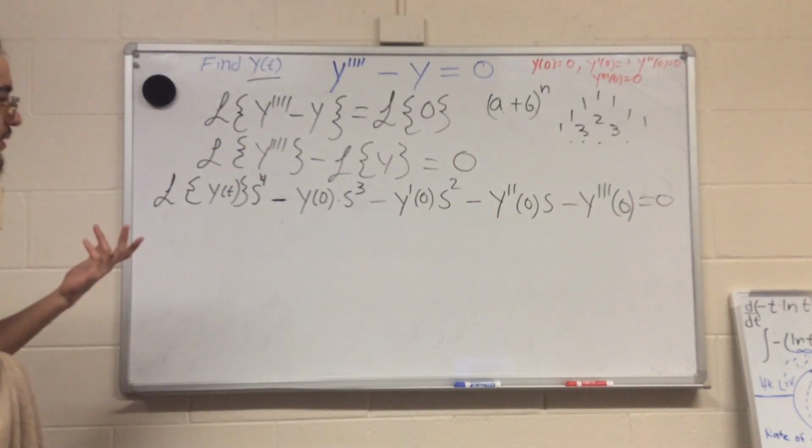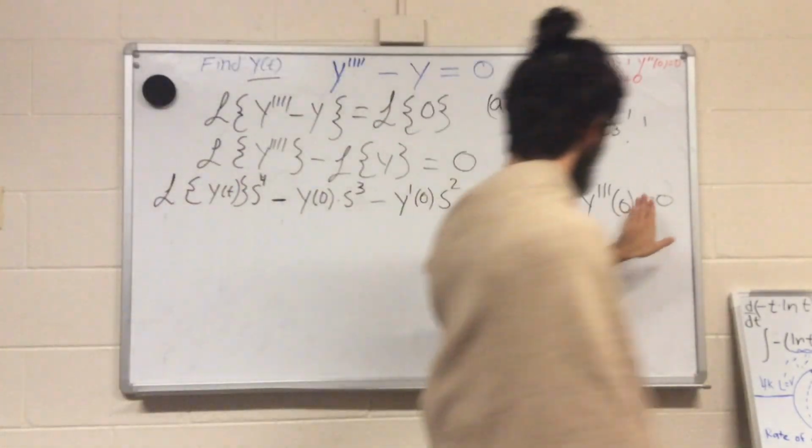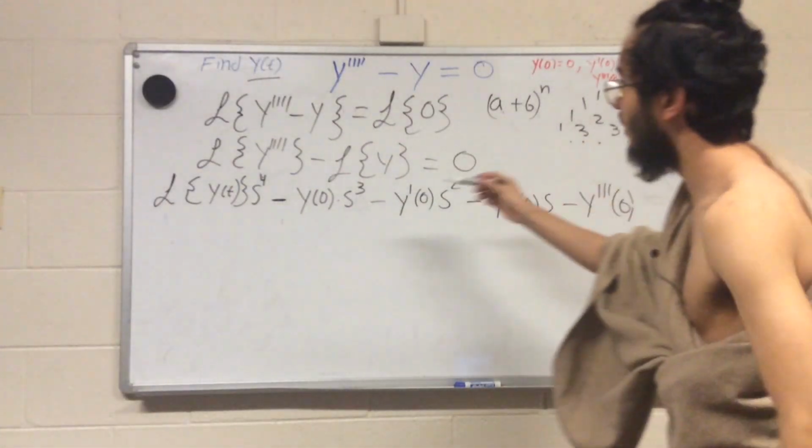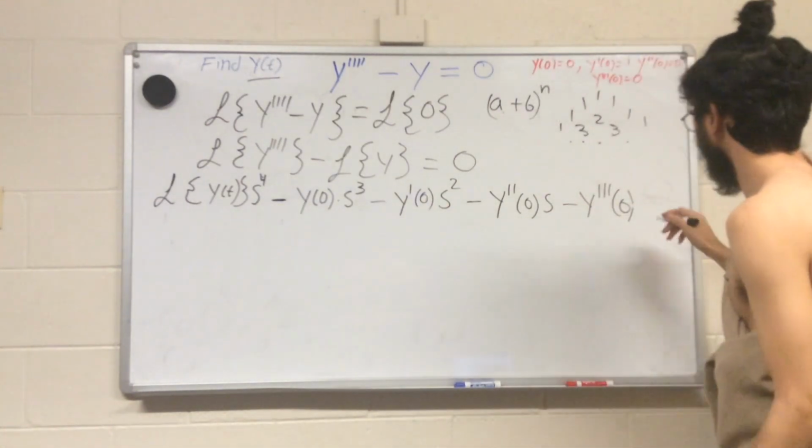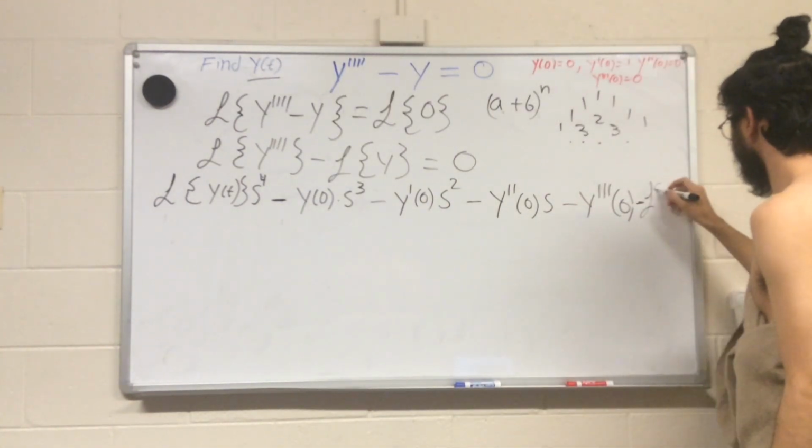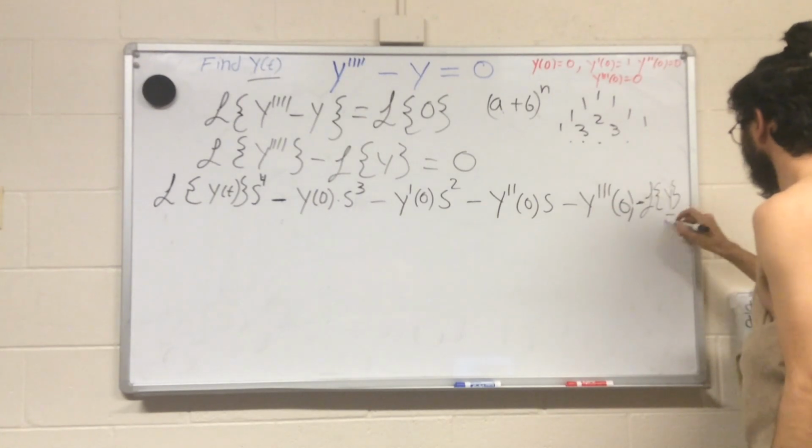Oh, excuse me, I forgot to take the Laplace transform of y, which is just the Laplace transform of y. So minus the Laplace transform of y, all of that is equal to 0.